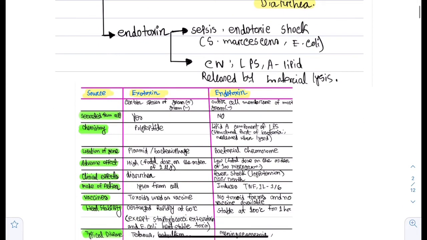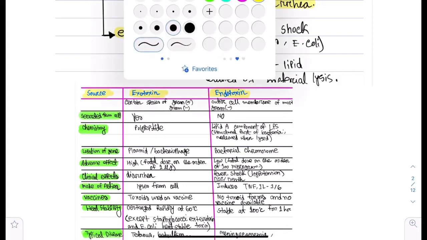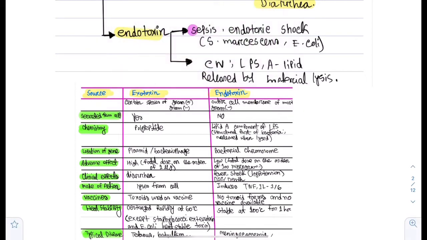And the second toxin is endotoxin, and this endotoxin causes sepsis and also endotoxic shock, as we know that sepsis happens when there are bacterial elements in our blood.